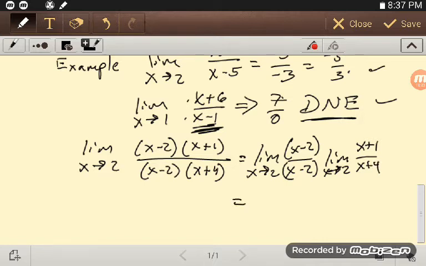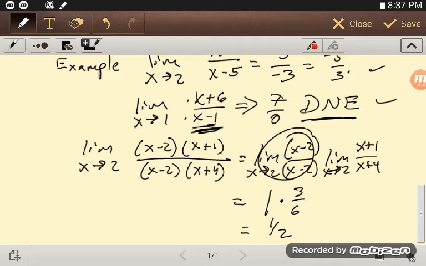This first part is 1, and here I can do direct substitution, so I get 3 over 6, and so this is 1/2. That's the dividing out technique, or the functions that agree at all but one point.